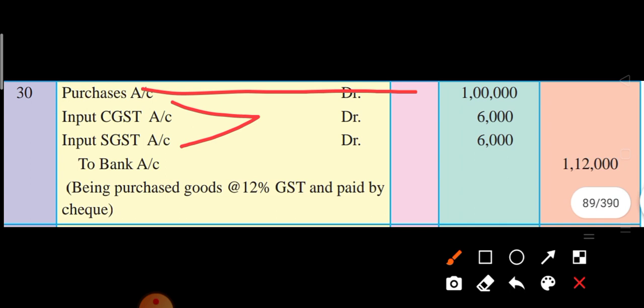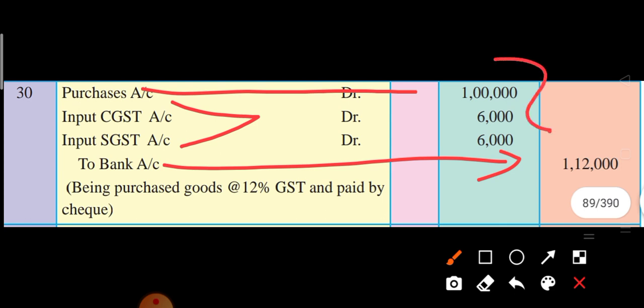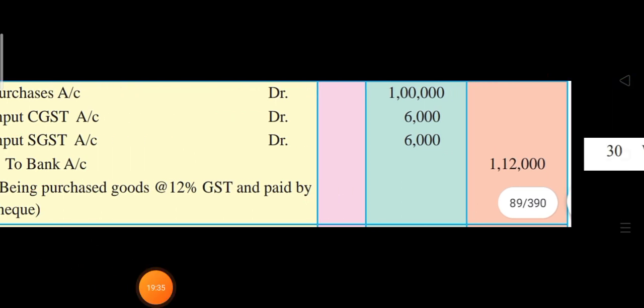Out of which 6,000 is CGST and 6,000 is SGST. Okay, और बाकी पैसे मैंने क्या किए? मैंने परचेस किया है गुड्स, सो सारे के सारे पैसे मैंने बैंक थ्रू, that is cheque through पे किए. Okay, so इसीलिए who is the giver? Bank is the giver. Is that clear? Okay, and this is last entry.